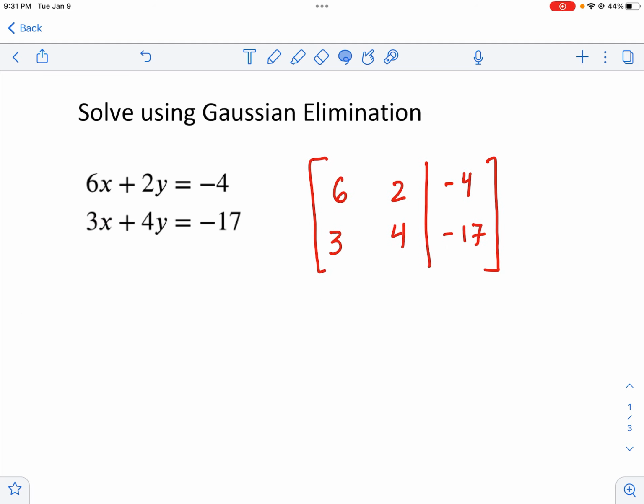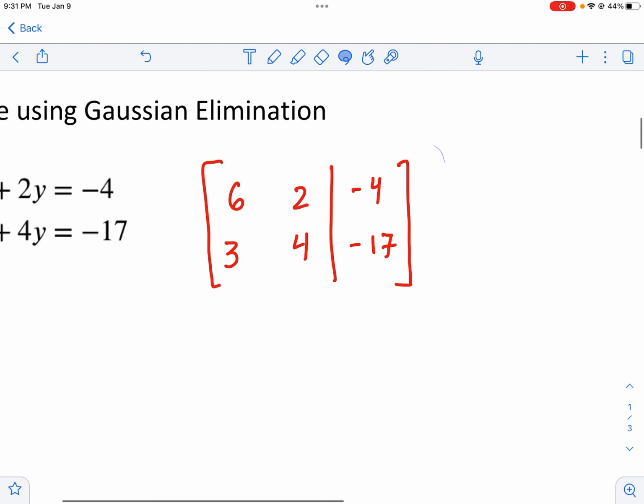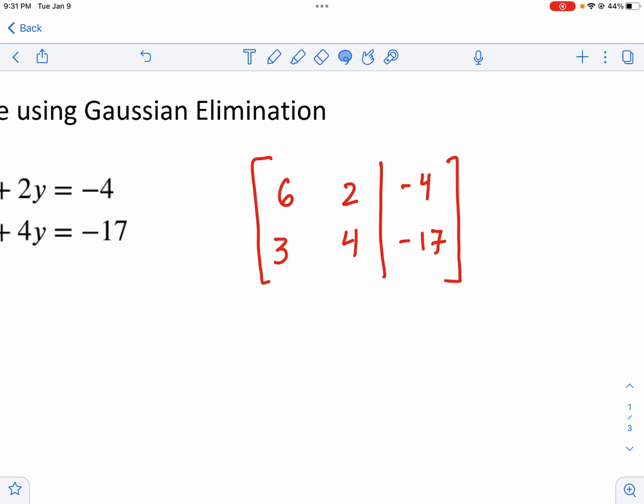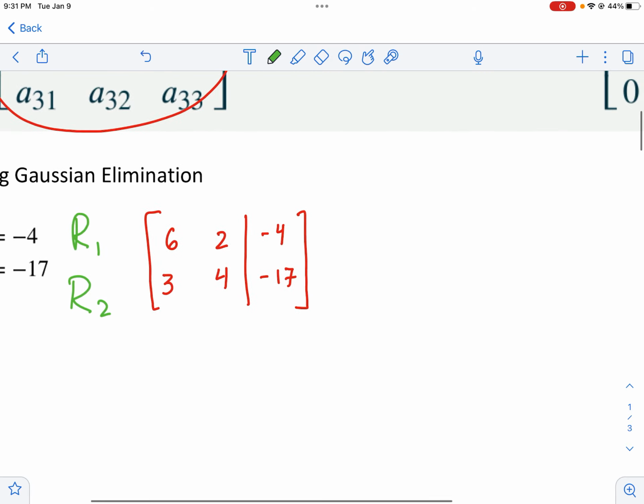So the way we do this, we are calling this row 1. This is row 2. Again, my goal is I want this to come out looking like 1, some letter, 0, 1, and this is going to equal some number. I'm going to call this x, and this y.